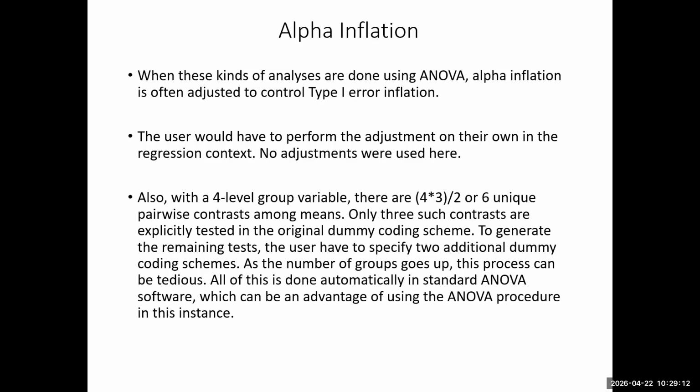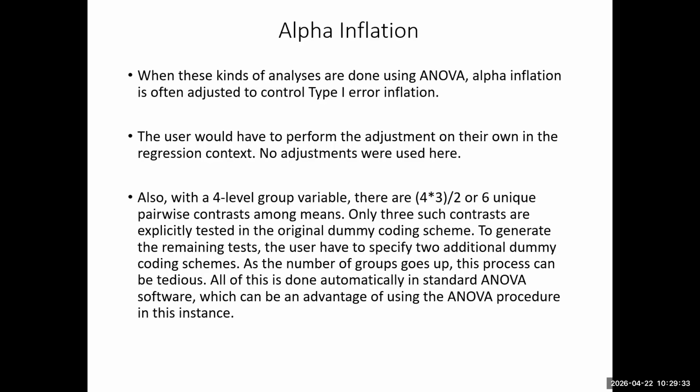Another point I want to mention when we think about the pairwise contrasts, if we have a 4-level grouping variable, there are really 6 unique pairwise contrasts among means. Only 3 of those contrasts were explicitly tested for statistical significance in the original dummy coding scheme.